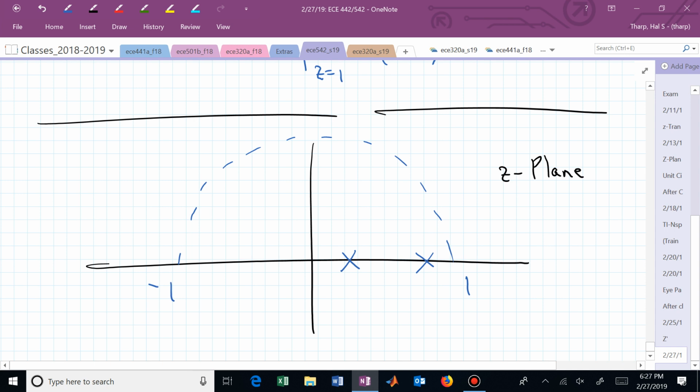This particular pole then is the fast pole. This one must be the slow pole. So which one is the dominant pole? By dominant, I mean which one dominates the behavior in the time domain. That's the slow one. That's the one that dominates. So your slow one's the dominant pole.